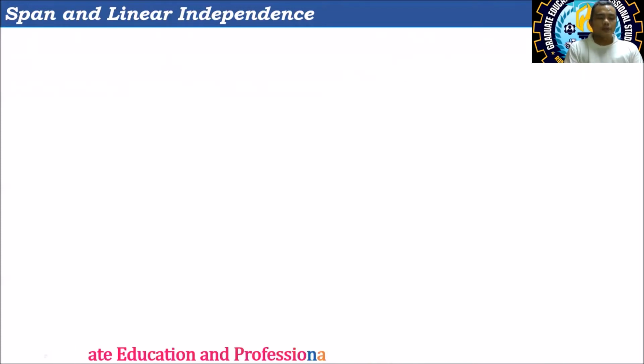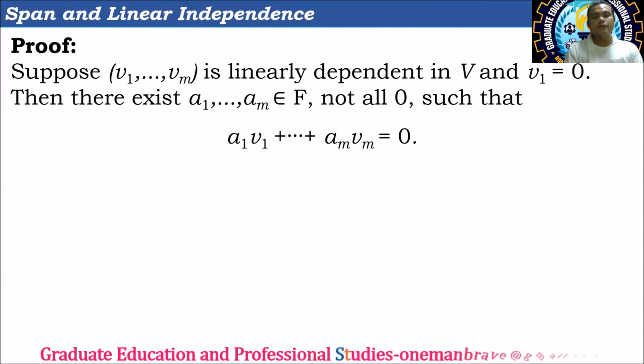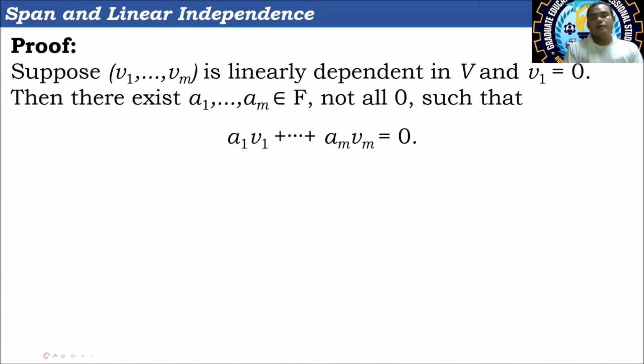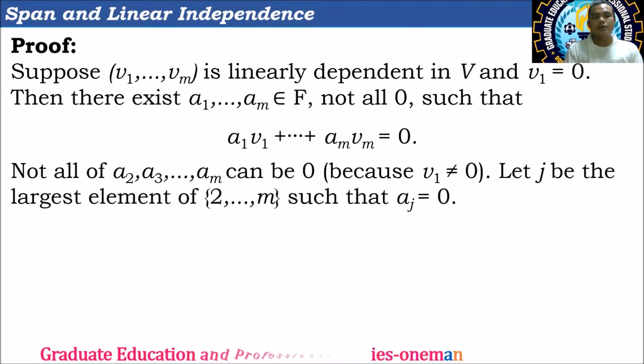Okay. So proof. First, we suppose the vectors are linearly dependent in V, and v1 is not equal to 0. Then there exist a's, which are elements of F, not all 0, such that the linear combination, the sum of a_i v_i, is equal to 0.